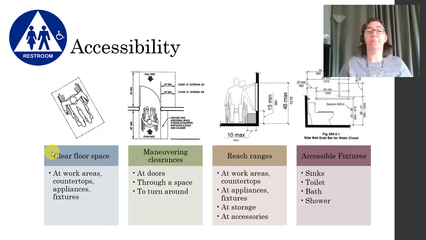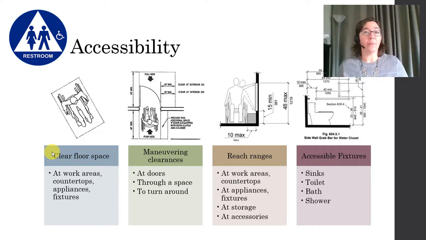For example, clear floor space at work areas, countertops, appliances specifically applies in front of sinks. Maneuvering clearances at doors through a space to turn around has a lot of applications, especially in commercial restrooms. You need to have room to move around in the restroom.